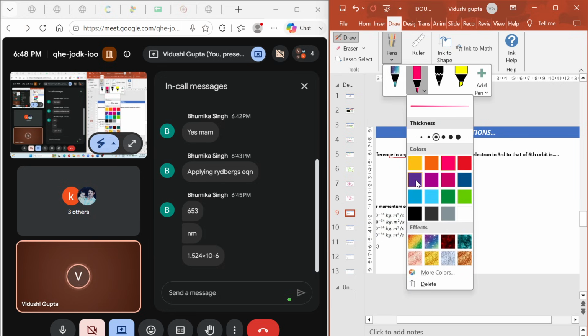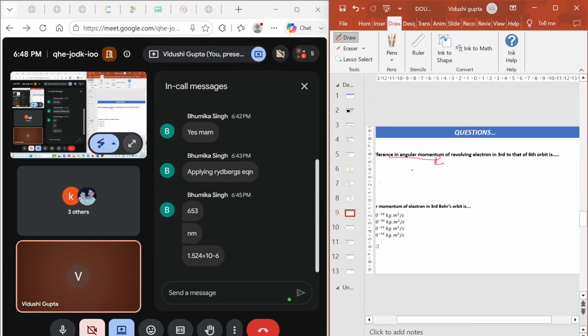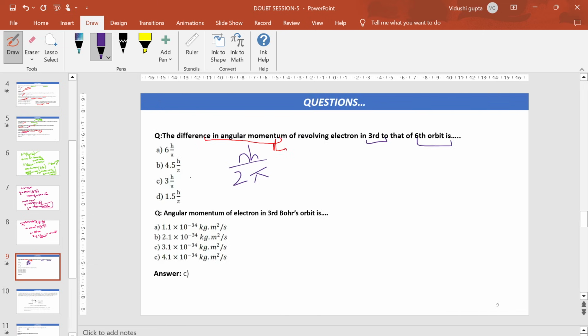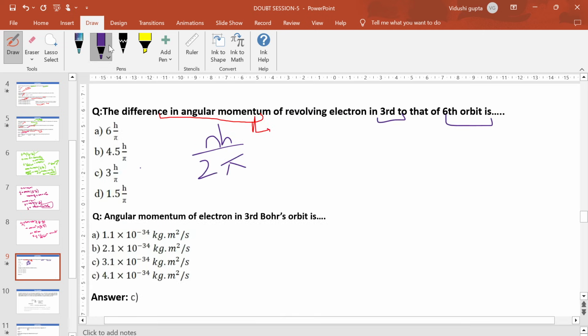It is given by nh upon 2 pi. So now we are talking from third to sixth orbit. That means it will be 6h upon 2 pi minus 3h upon 2 pi.